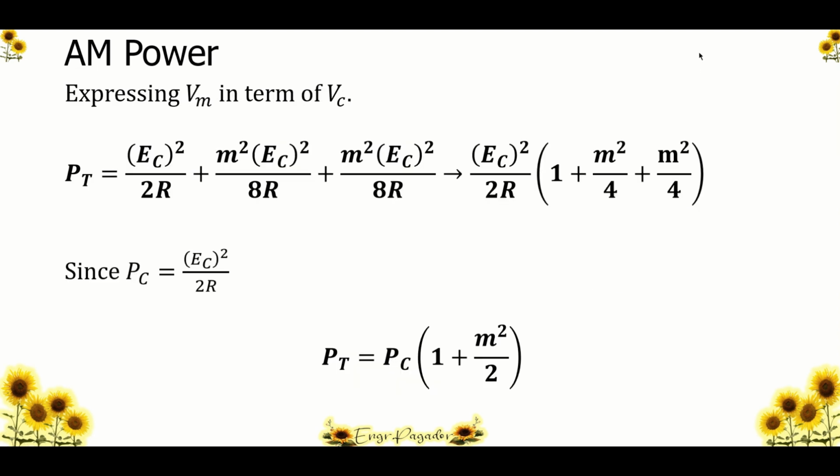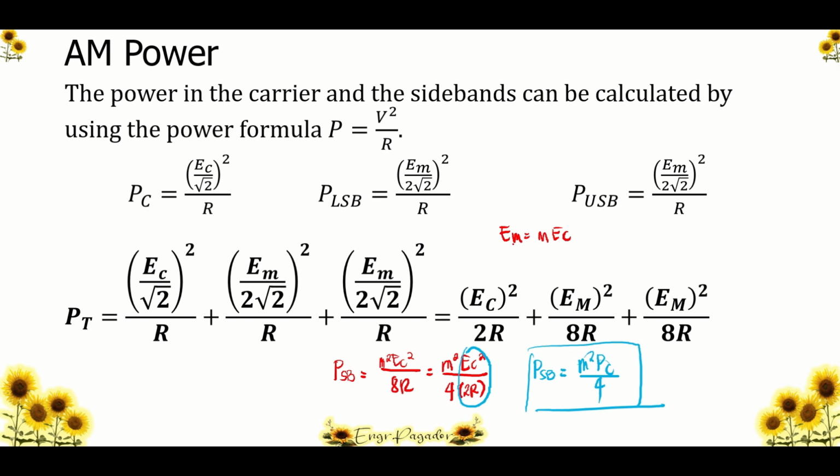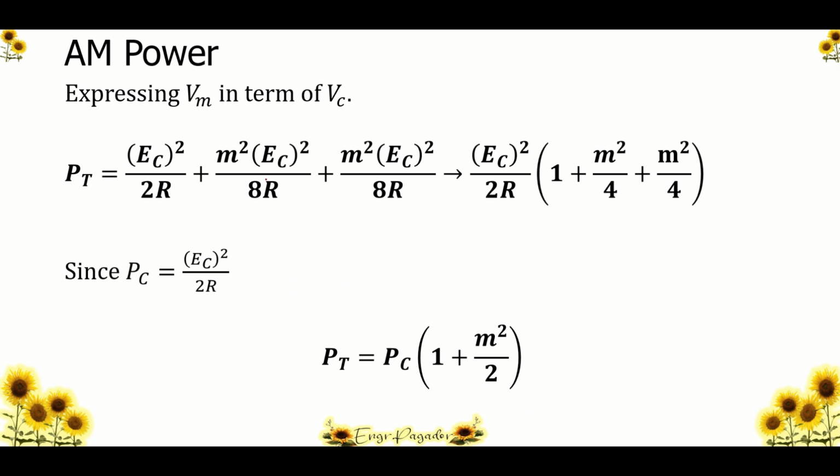For further manipulation of the total power formula, we replace EM with MEC, just like what we did on the last slide. Then we came up with this equation.